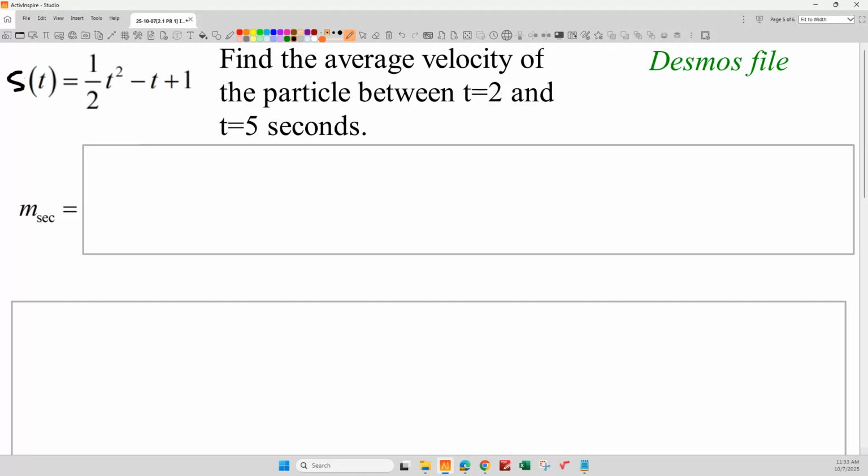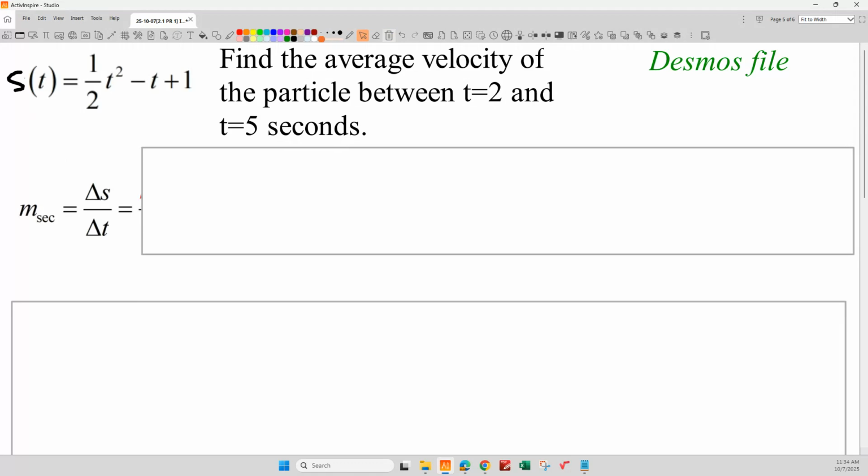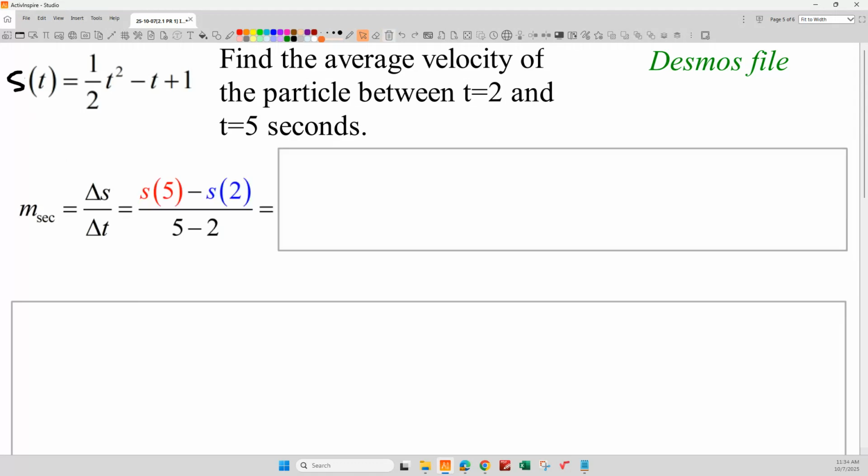Well, initial is the starting value. In this case, 2 comes before 5. So s of 2 is the initial position, and s of 5 would be the final position, right? So we get something like that: s of 5 minus s of 2, over 5 minus 2. Okay, give me thumbs. How are we doing? Does that make sense?